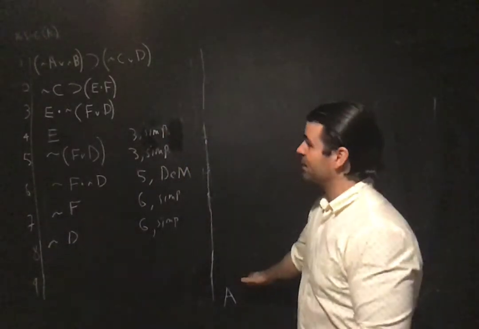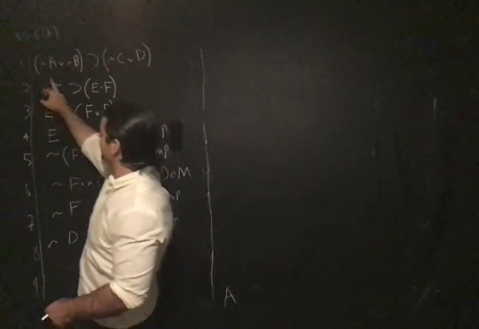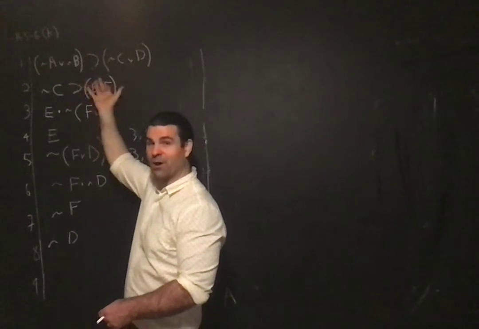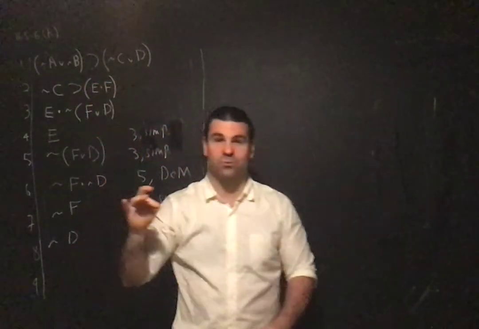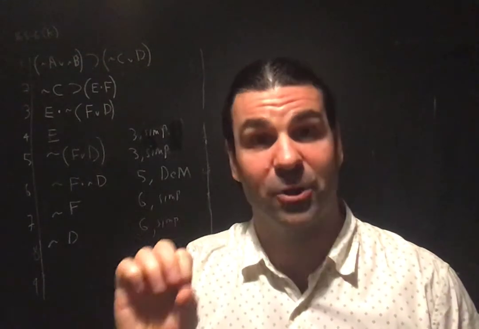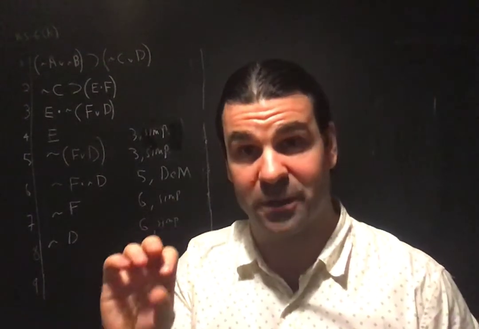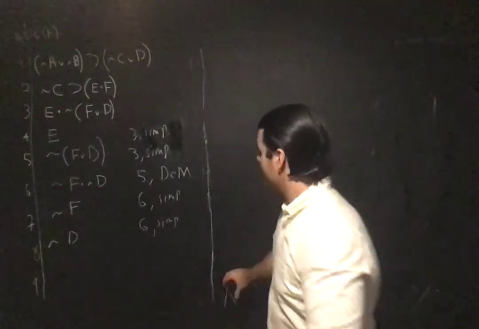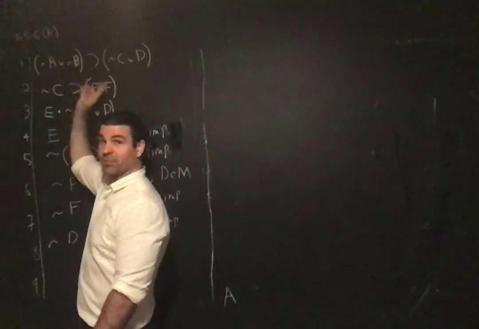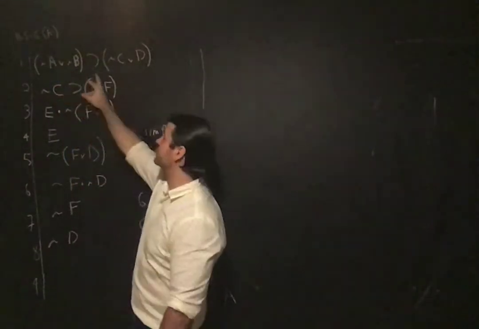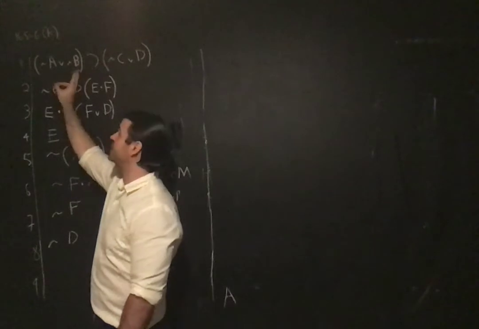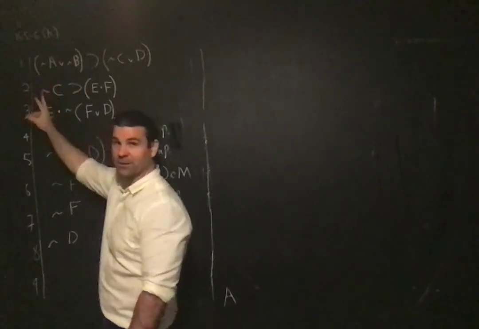So A, plus or minus a negation, appears as part of the antecedent of this conditional. Notice what we are focusing on here. A appears as part of this formula. The major operator of this formula is a conditional, and A is an embedded part of the antecedent.